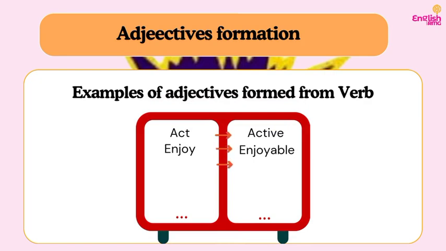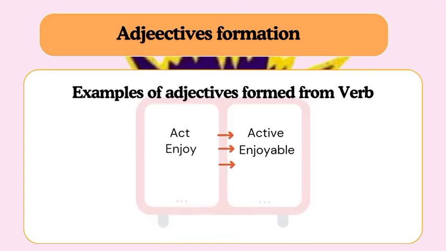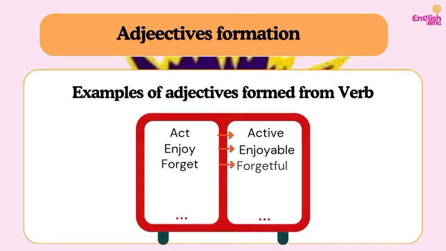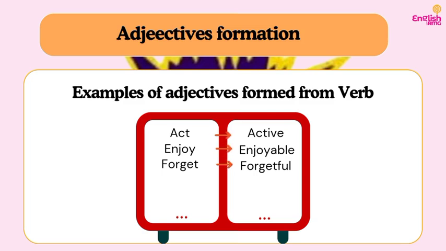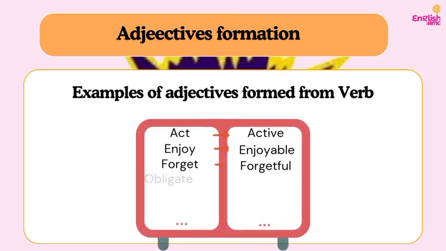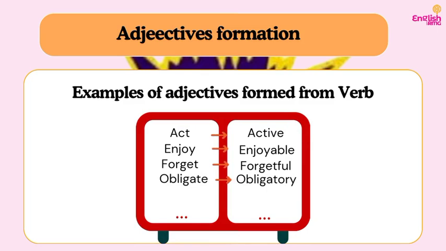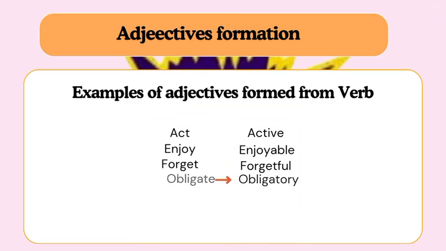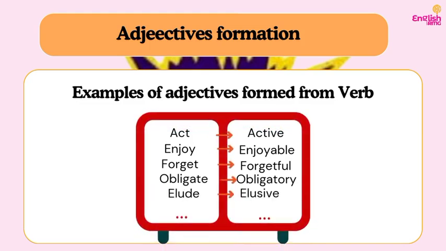That's a verb. The movie is enjoyable. That's an adjective because enjoyable there is modifying the movie. We could also have forgetful from forget. Do you understand? We could have obligatory from obligate, and we could have elusive from elude.